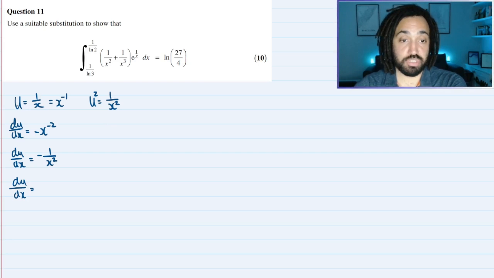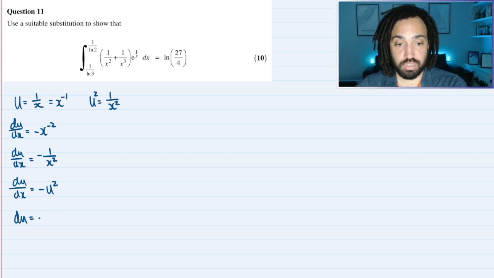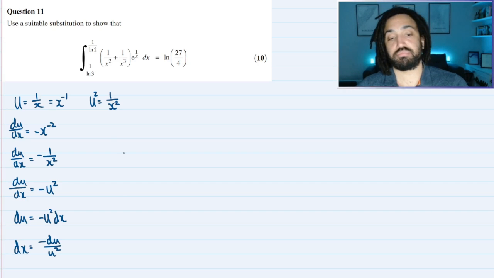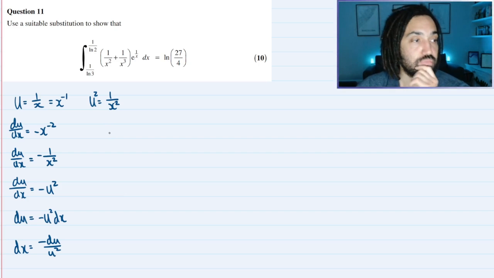So du by dx looks like it's minus u squared. Now rearranging, because I want dx as the subject, dx is equal to minus du over u squared. Okay, great.